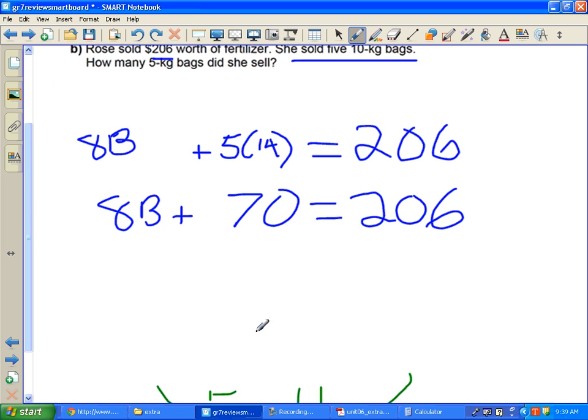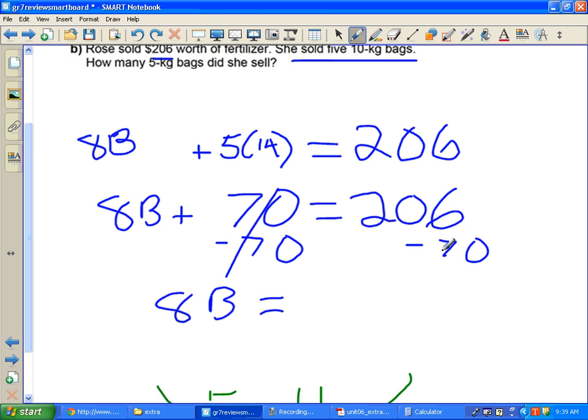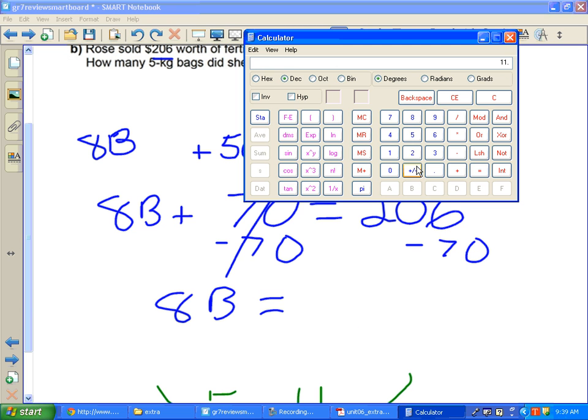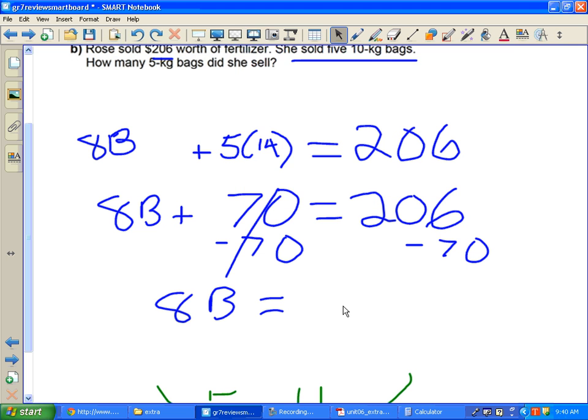I've gone this far, I might as well solve it now. So I want to take away 70 to get rid of that 70. So I'll take away 70 here, and I'm left with 8B equals whatever 206 take away 70 is. So 206 take away 70 is 136.